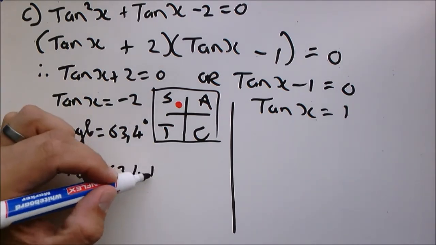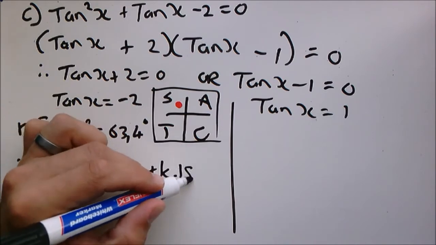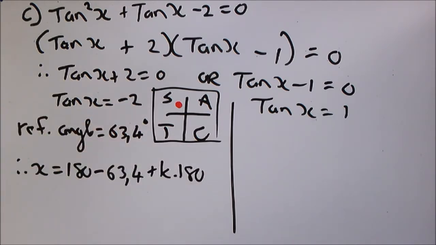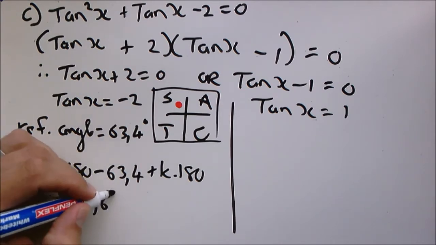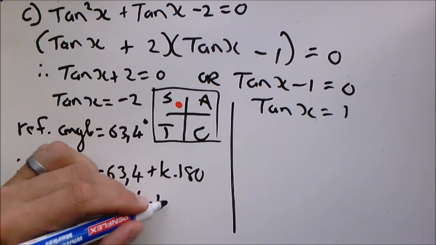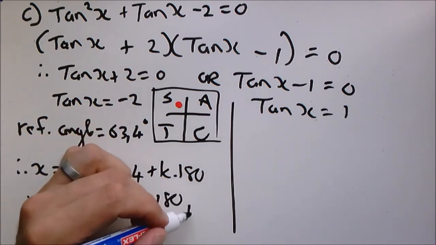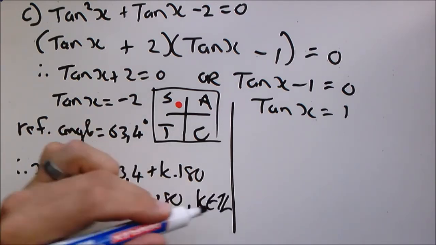Remember, we're working in the second quadrant, plus k times 180, and then that means that x equals 116,6 degrees plus k 180. Define your k always.